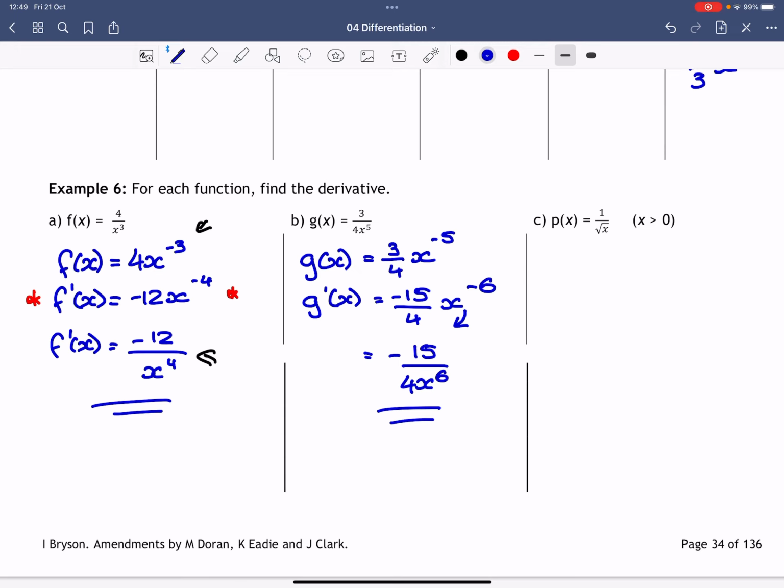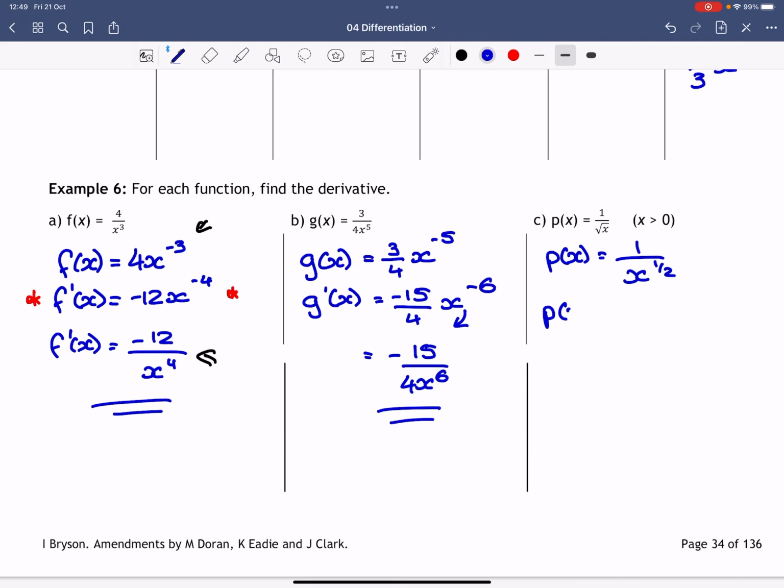And the final one, we have 1 over the square root of x. So two transformations here before we differentiate. So I'll say that p of x equals 1 over, and that would be x to the power of half. Differentiate it. No, ignore me, I'm talking absolute rubbish. Don't differentiate it yet.